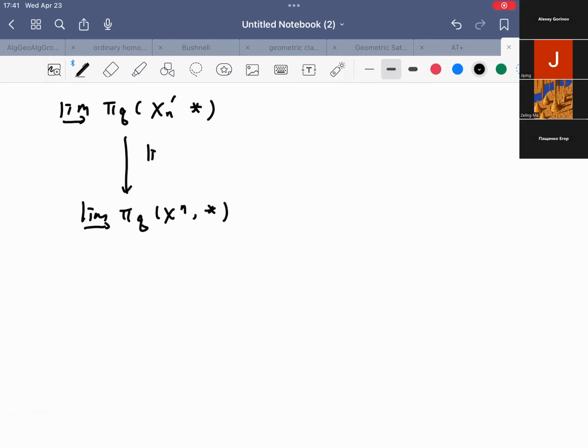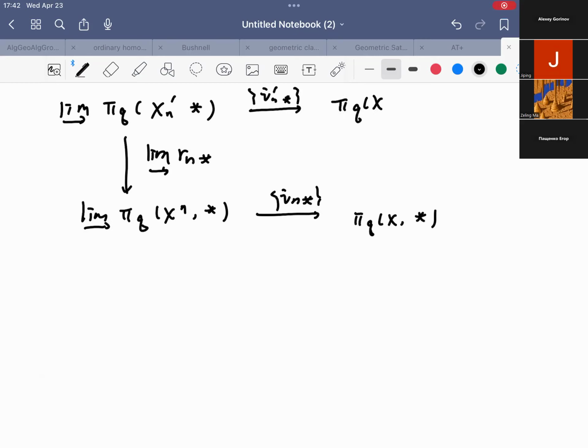Here I also use the star for the homology functor and in the homotopy groups: R star to pi_q X star, this is R prime star to pi_q X prime star.